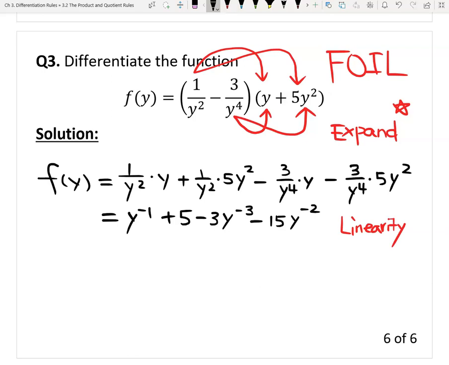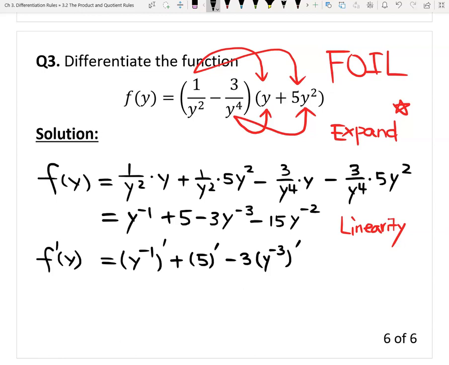If I use the linear property, the result is like this: f prime of y, take the derivative, is the first term's derivative plus the second term's derivative minus 3 times the derivative of y to the negative 3, minus 15 times the derivative of y to the negative 2. The constant coefficient does not matter, remember that, right? All the derivatives are with respect to y, and then it is a power function, directly.